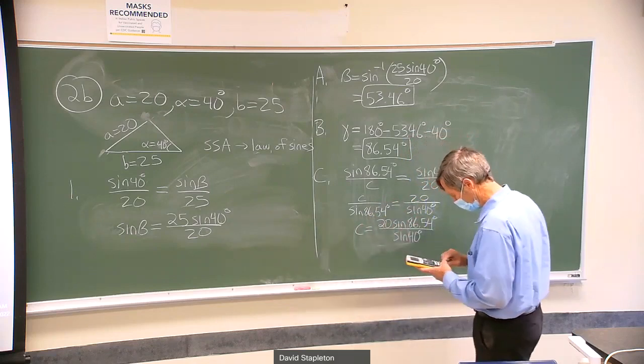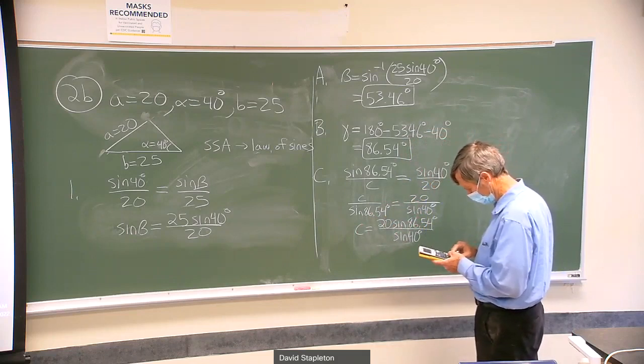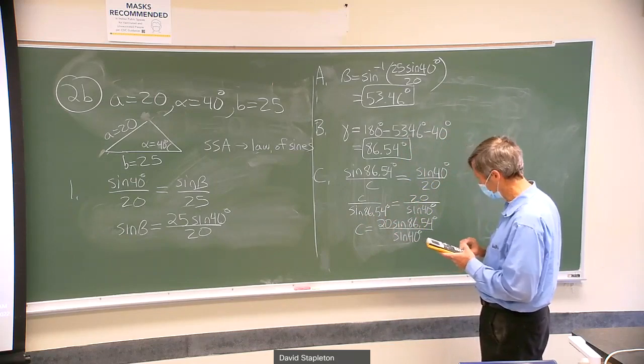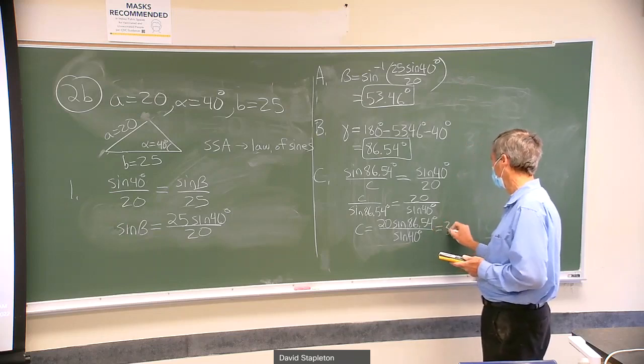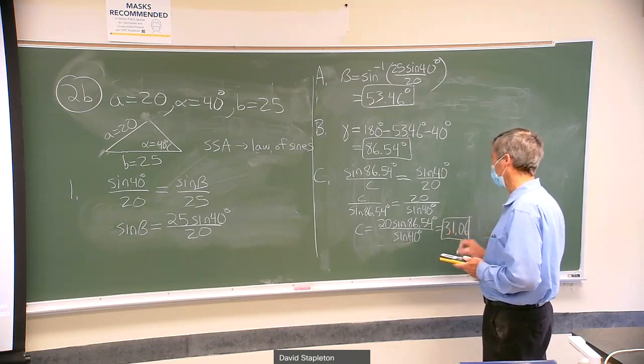Now let's see what that comes out to be. 20 times sine 86.54 closed, divided by sine 40. And I get 31.06. Okay, so there's the last side.